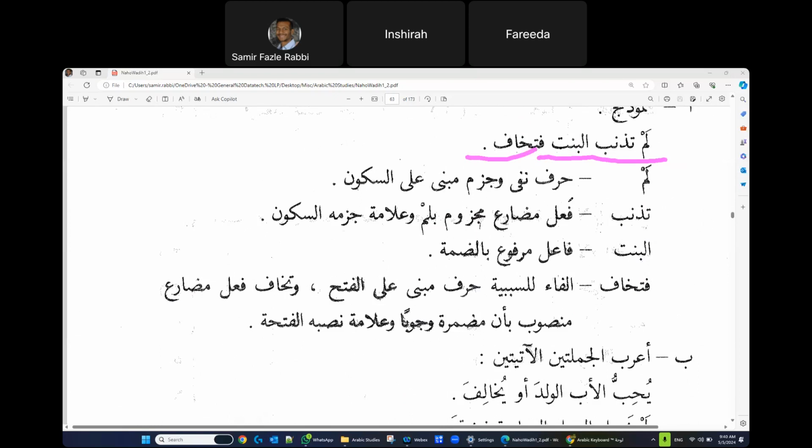So let's look at what they did here. I think that we didn't cover this particular one, the fa, but it doesn't matter. I just want to look at the grammar. So here, the lam is harf nafi wa jazm mabniyan ala sukun. That's what lam is. They're breaking down each one here. Lam tudnib fil mudari majzum bi lam wa alamat jazmihi as-sukun. There's a sukun over here.